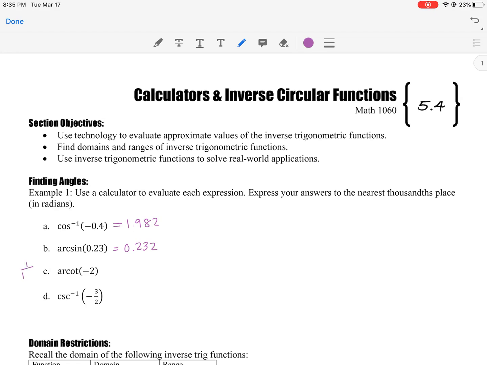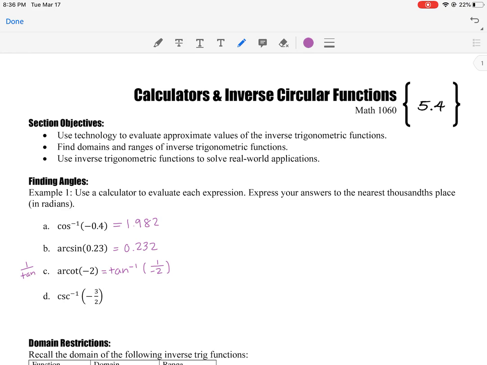Okay, cotangent's interesting. So remember, cotangent is 1 over tangent. So we're not going to do 1 over tangent inverse, but it's really saying, hey, this is equivalent to tangent inverse of 1 over negative 2, right? The ratio we're going to plug into inverse tangent is negative 1/2.